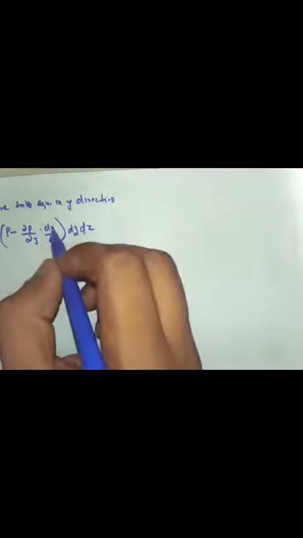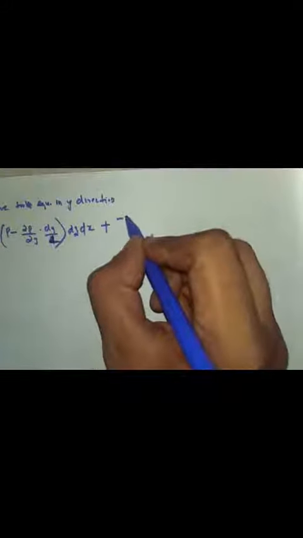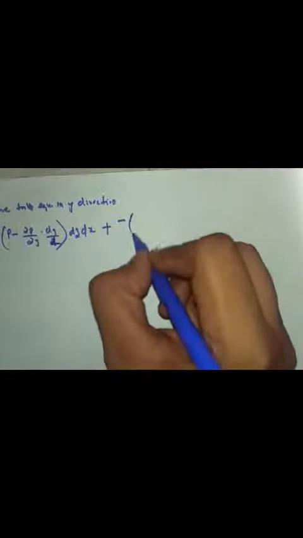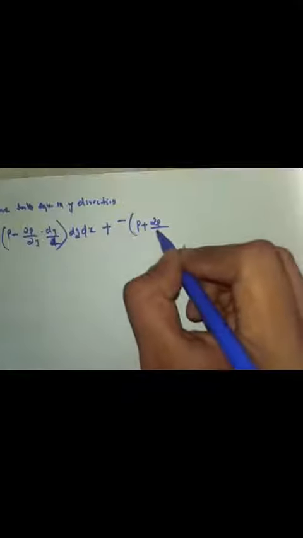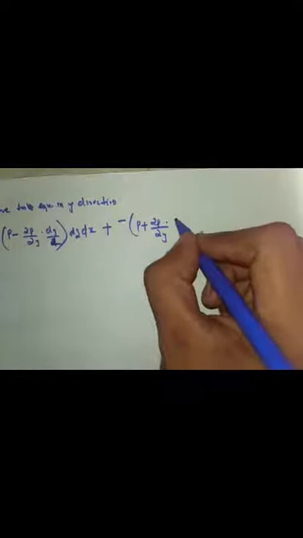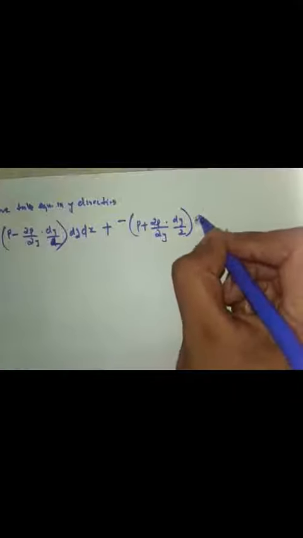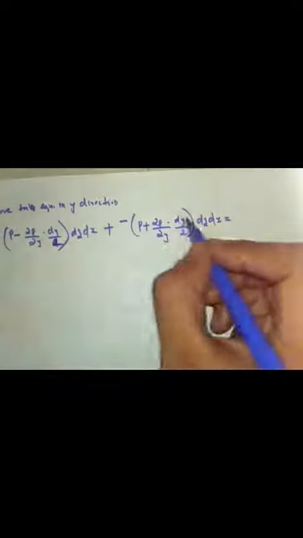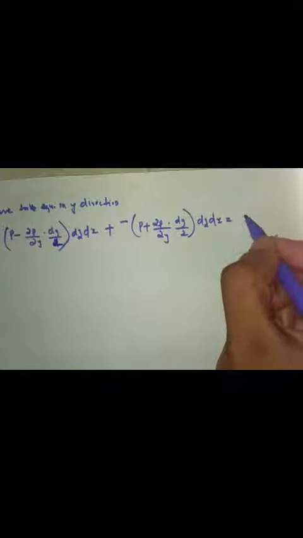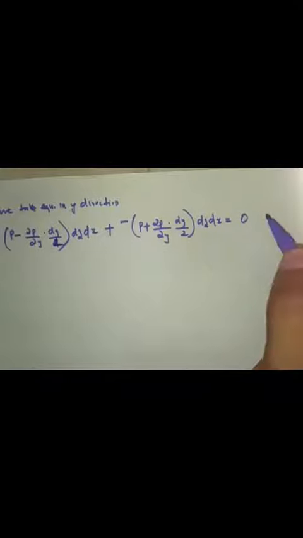Let's take it as the positive direction because it is acting in the positive direction, minus P plus dou P by dou y into dy by 2, whole into dz into dx, is equal to, what is the value? These are the two forces acting in the y direction. Since it is in equilibrium, this is equal to 0.